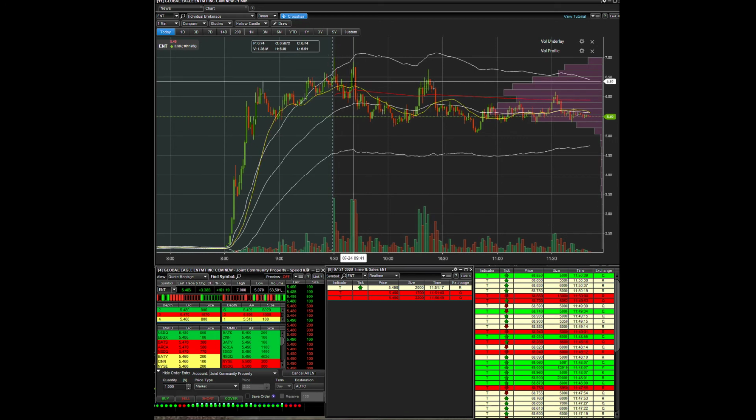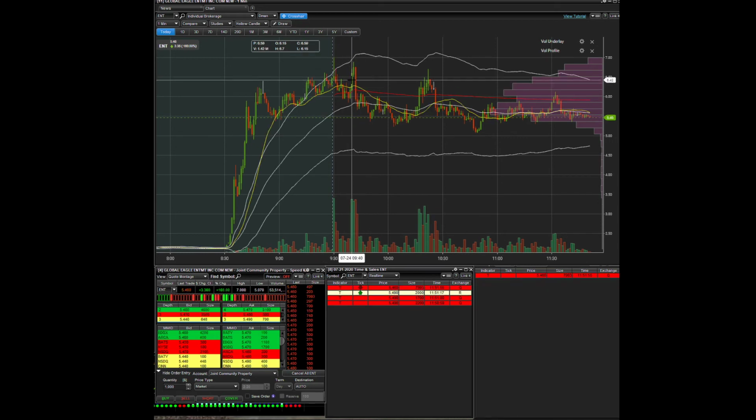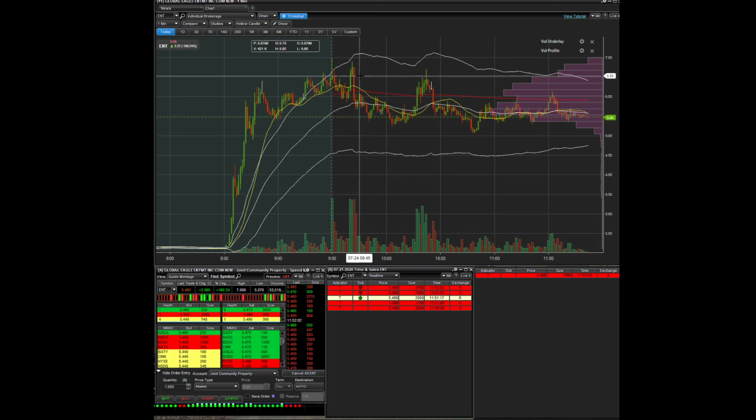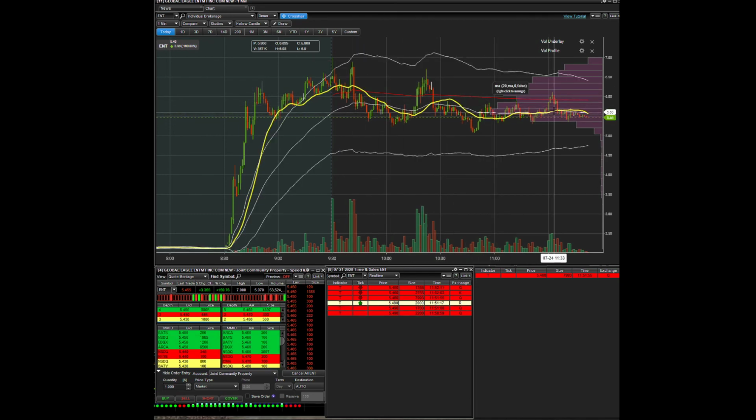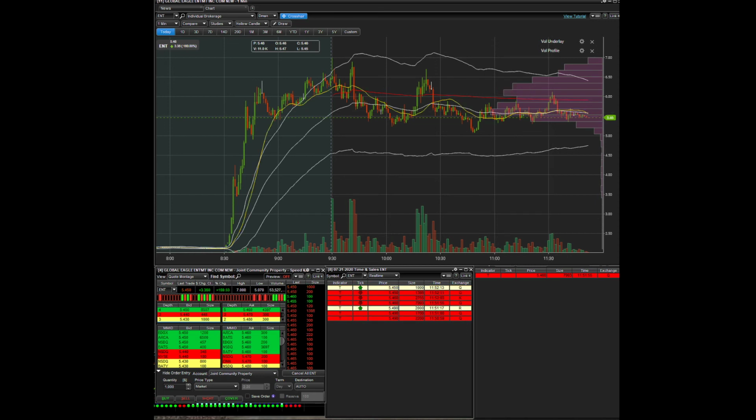Somebody was absorbing it on the tape, around 650 or so. There was a big order, but as soon as they pulled it, it flushed down. Somebody was trying to push it higher, and it wasn't a real order. They've tried it a couple times to push it, and it's just been unsuccessful.